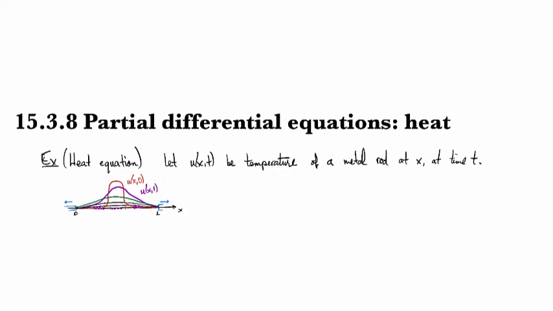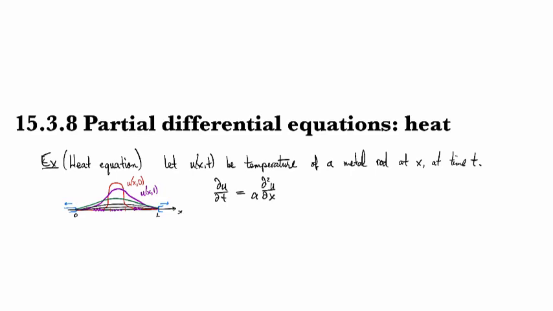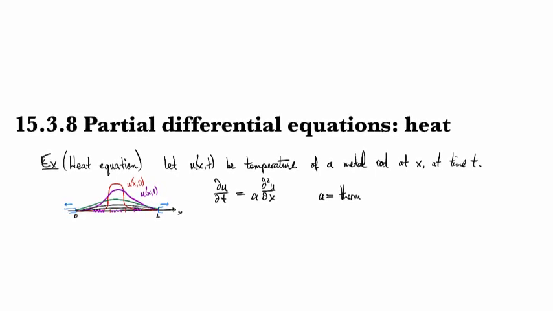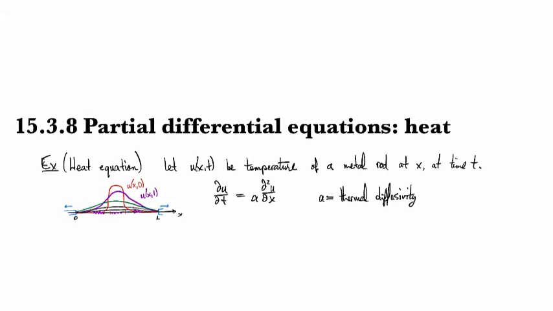It can be derived. Oh, sorry, I didn't give it to you yet. Okay, so the heat equation, what is it? It's the first time derivative is proportional to the second space derivative. And so here, a is the thermal diffusivity. So that's a measure of conductiveness, like how quickly heat can propagate through the material.